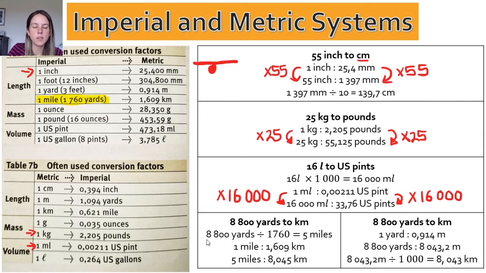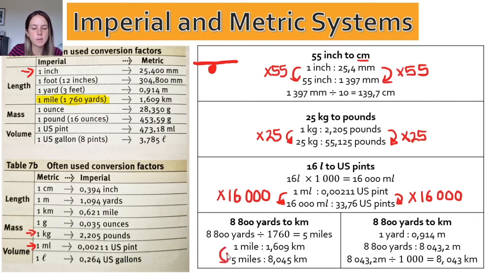So after I've done that, that is my conversion within the imperial system. And I get 5 miles. And I see 1 mile is equal to 1,609 kilometers. And I write that down. Then I actually have 5 miles, which I calculated here.